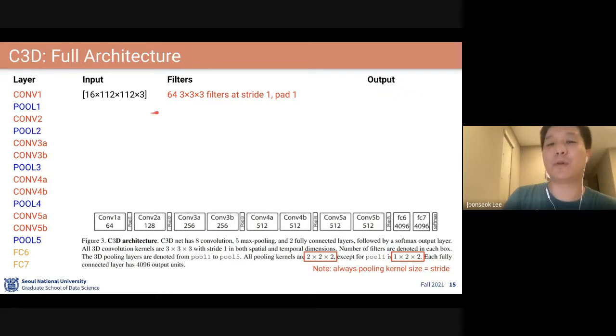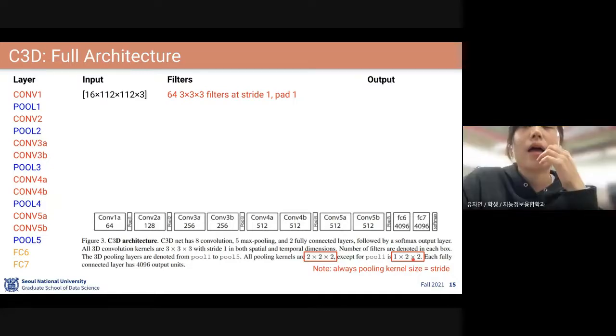And then we apply the pooling, which is this size, right? 1 by 2 by 2. So what would be the output size then? It would be 16 and 56 by 56 by 64.